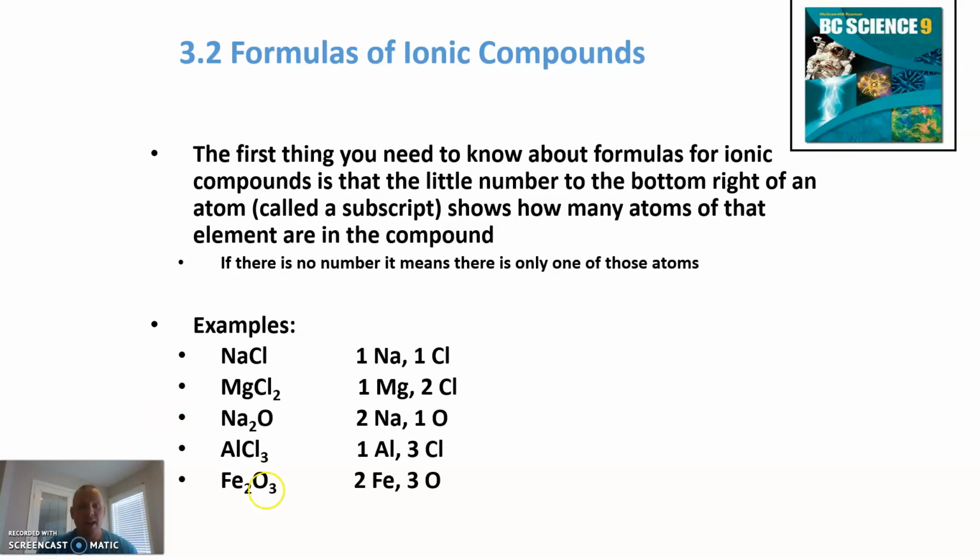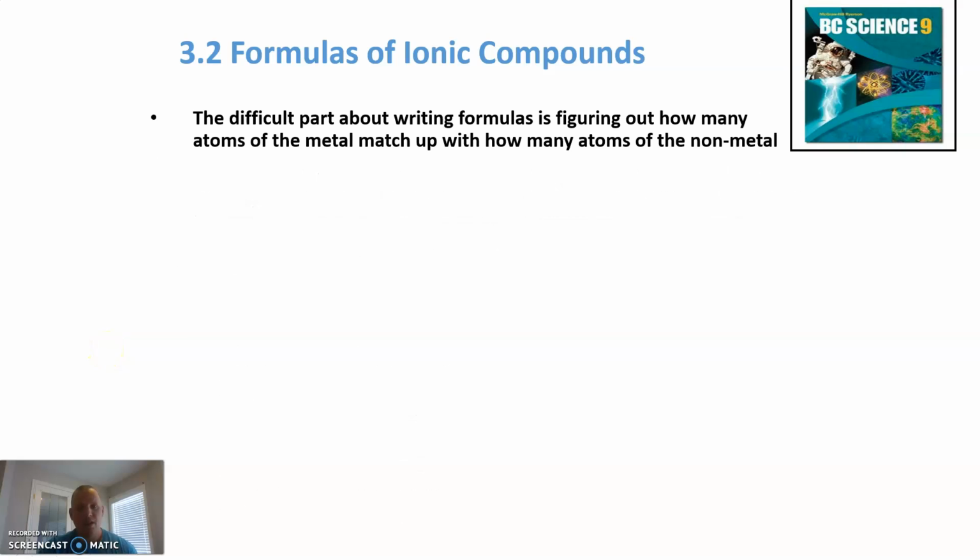Iron 3 oxide, so there's 2 atoms of iron and 3 atoms of oxygen. And then calcium nitride, there's 3 atoms of calcium, 2 atoms of nitrogen. So the difficult part about writing these formulas is you actually have to figure out what numbers to write and where beside the elements.